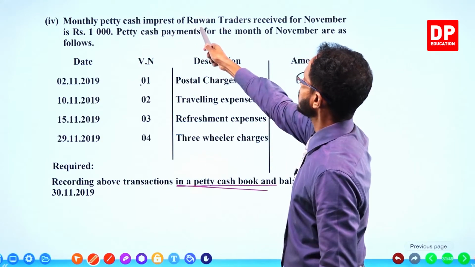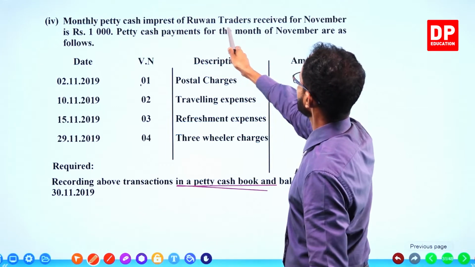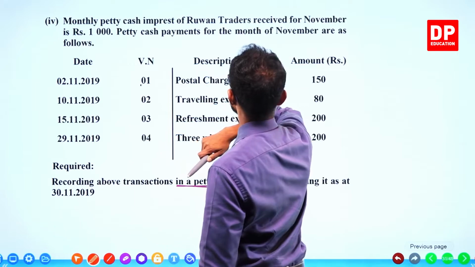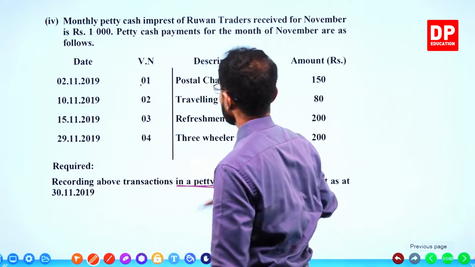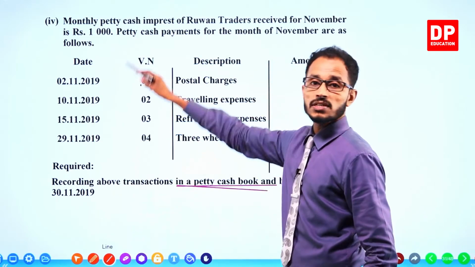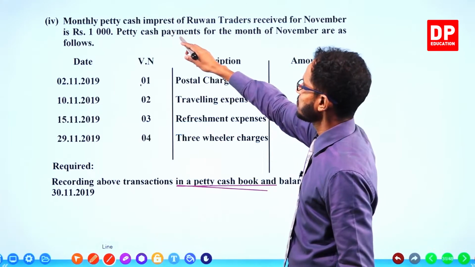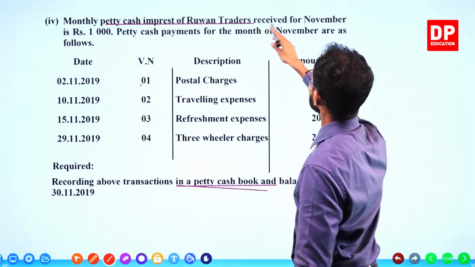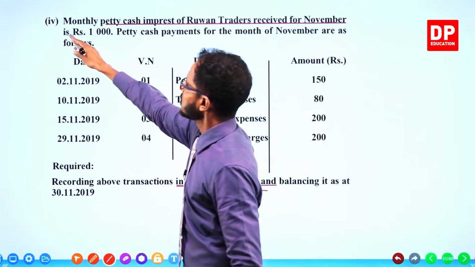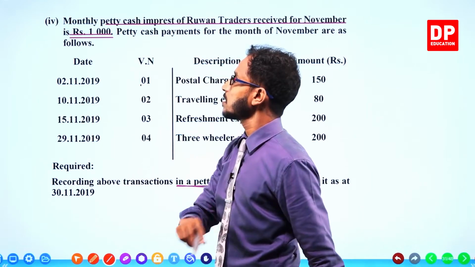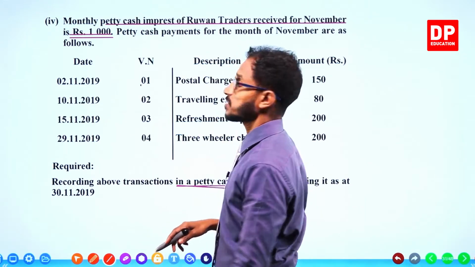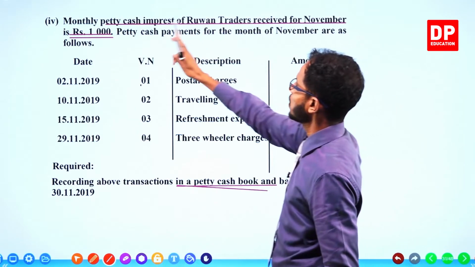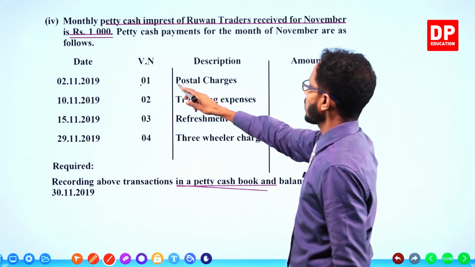Monthly petty cash imprest of Ruan Traders received for November, 1000. For the month of November. Okay, so he has received the petty cash imprest, guys. See, the petty cash imprest is received. I didn't notice that. Did you notice that? Yeah, payments are given here.